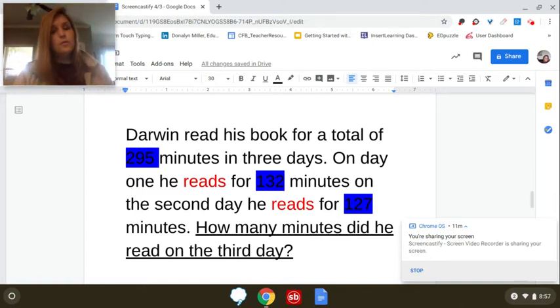Okay, so here's my problem, and it says Darwin read his book for a total of 295 minutes in 3 days. On day 1, he reads for 132 minutes. On day 2, he reads for 127 minutes. How many minutes did he read on day 3?